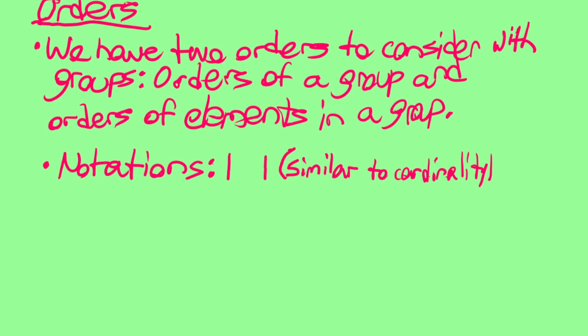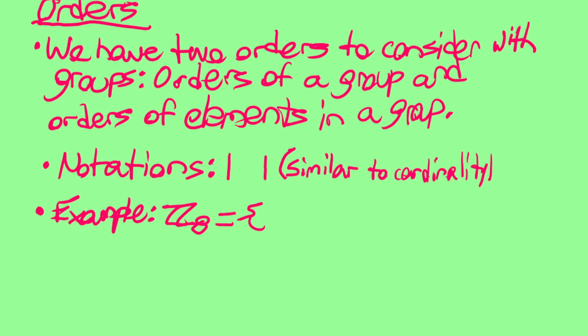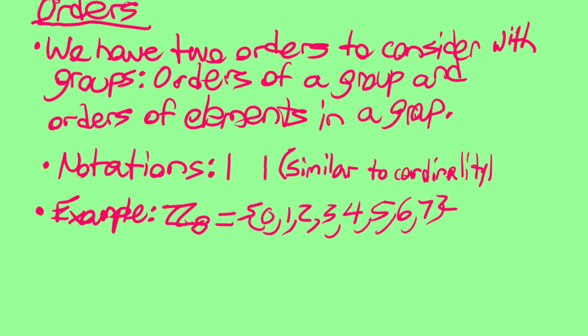So, an example, for the group Z8, or a group of integers from 1 to 8 under addition, we have 0, 1, 2, 3, 4, 5, 6, 7. So then the order of Z8 is 8.